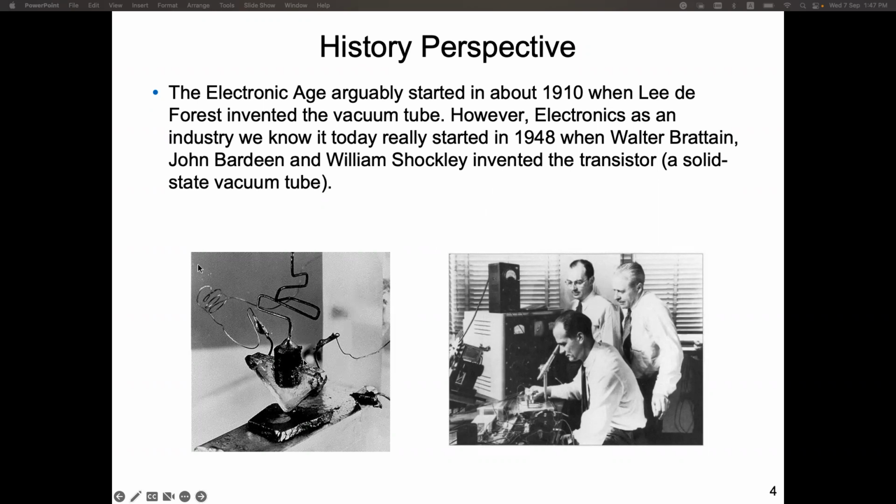This is the transistor. It was invented in 1948 by three engineers working for Bell Lab: Brattain, Bardeen, and Shockley. So this is a kind of solid state vacuum tube. The function of the device is similar to that of a vacuum tube, but it's in solid state. No vacuum inside, so it's much more reliable.